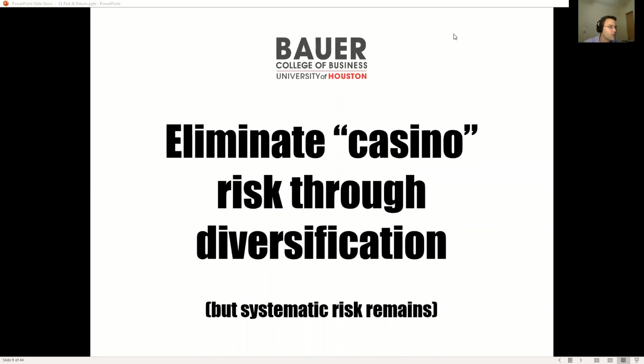I want to spend a little bit more time breaking down the different types of risks that you can see in the stock market. Sometimes the stock market is compared to a casino, and there is some truth to that. You can take casino-like risks when you're betting in the stock market. However, we can get rid of that risk through diversification.